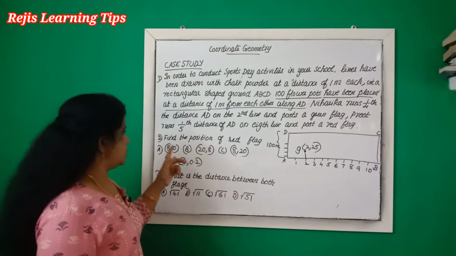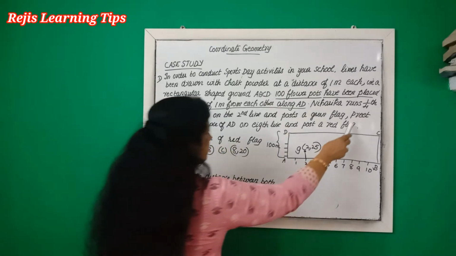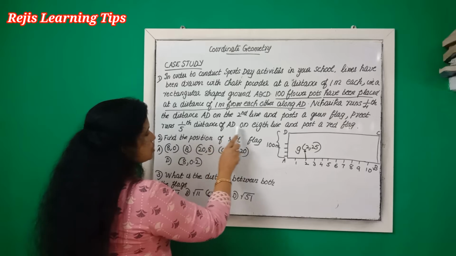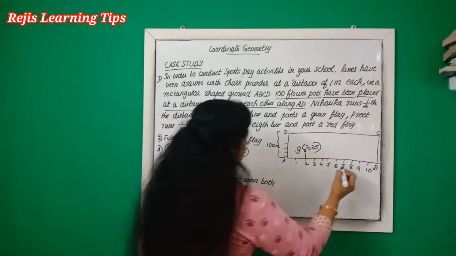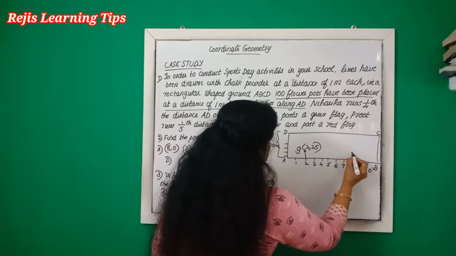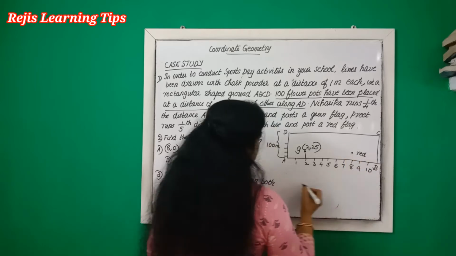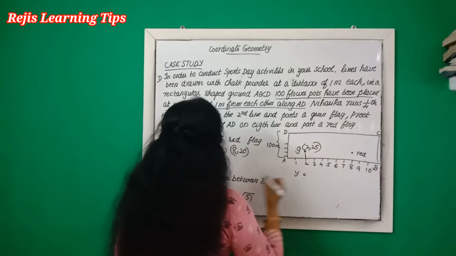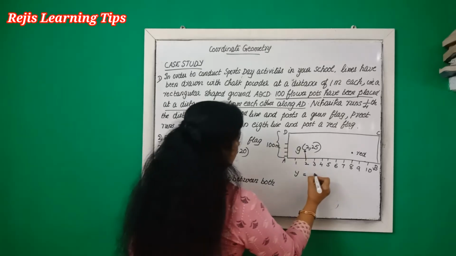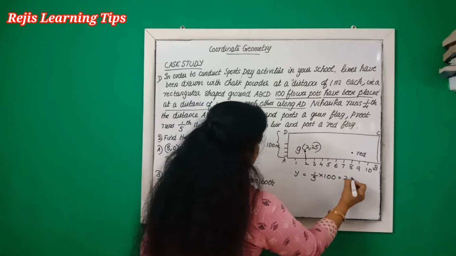Then the second question, find the position of the red flag. Preet runs 1/5 distance of AD on the 8th line and posts a red flag. This is the position of the red flag. Then the y coordinate of the red flag is equal to 1/5 of AD, 1/5 into 100, that is equal to 20.